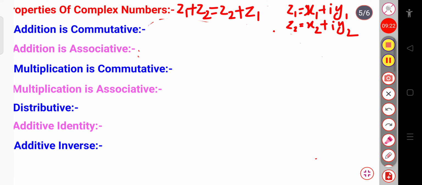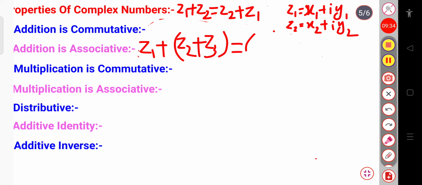Similarly we can check for the associative property. Associative property means z1 plus z2 plus z3 will be equal to z1 plus z2 whole plus z3, where z1, z2, z3 are three complex numbers, and z3 is similarly x3 plus iy3.